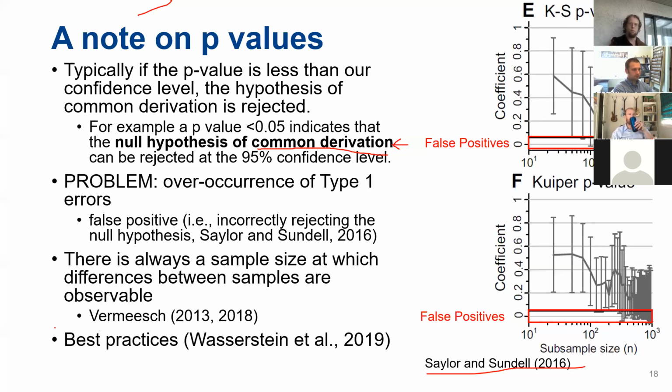So we take a step back from that, and what we're left with is relative comparison. Not can I reject this hypothesis, but simply how similar are these two samples? The KS and Kuiper values, the D and V values, definitely allow us to address that.